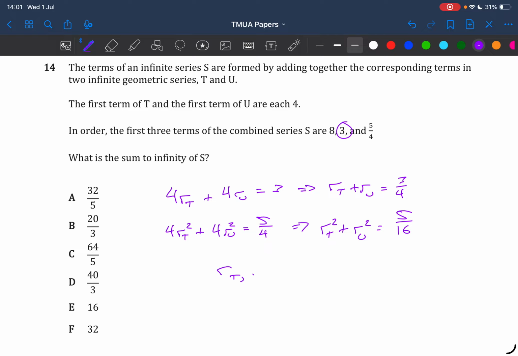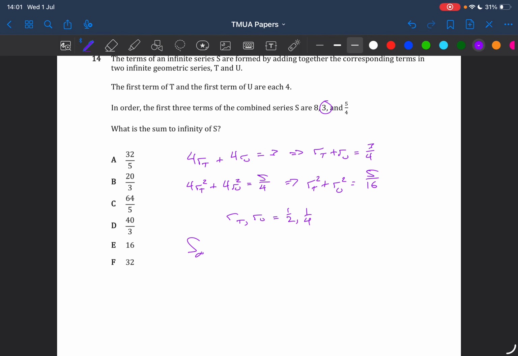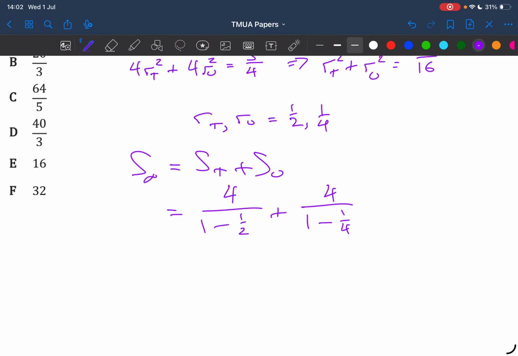So we know that r_T and r_U are equal to a half and a quarter. So the sum to infinity of S will be the sum to infinity of T plus the sum to infinity of U. Both of them had a as 4, and it's 4 over 1 minus 1/2 plus 4 over 1 minus 1/4.